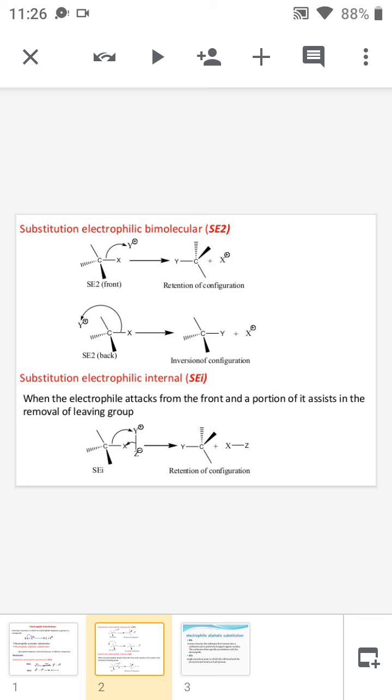And SE2 backside, the opposite direction of attack, so inversion of configuration occurs. And the last one is SEi, electrophilic substitution internal, in which the electrophile and the leaving group attack on the same side, so here also retention of the configuration.